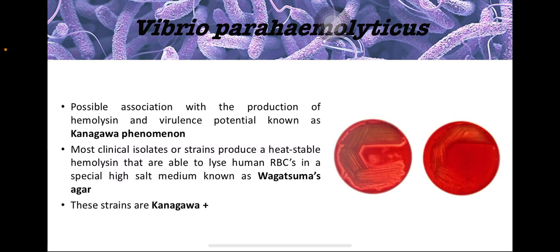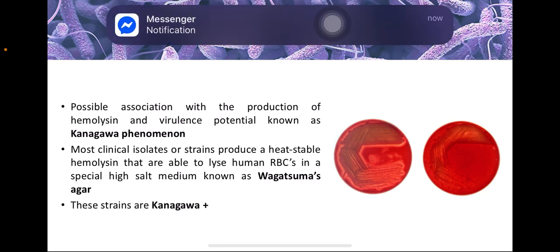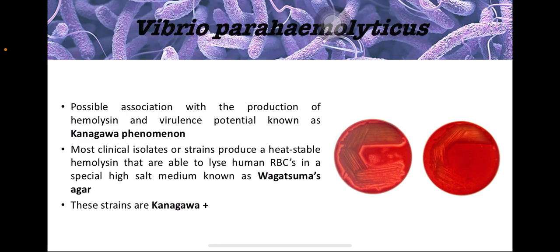So Kanagawa phenomenon, it is an event wherein there is a production of hemolysin and virulence potential, which is what I have said, known as your Kanagawa phenomenon. So most clinical strains of your Vibrio parahemolyticus will produce a heat-stable hemolysin.